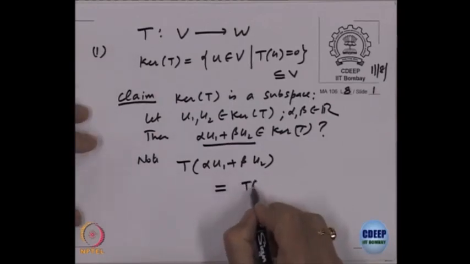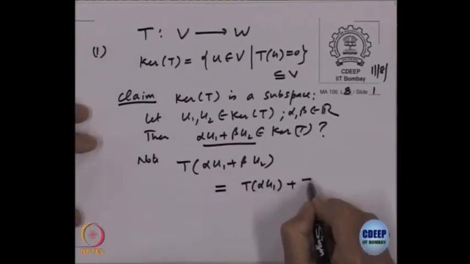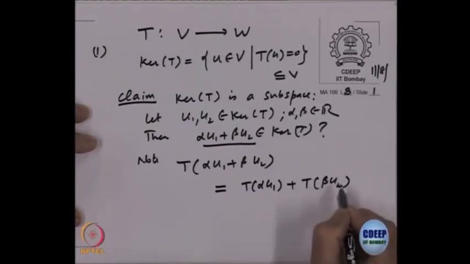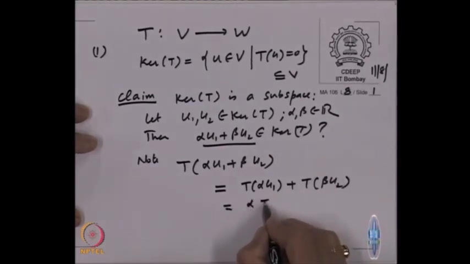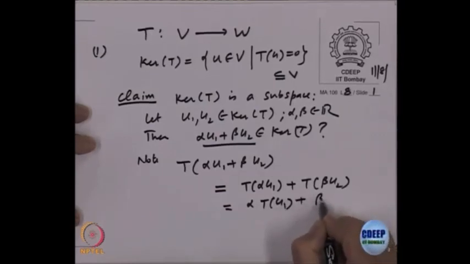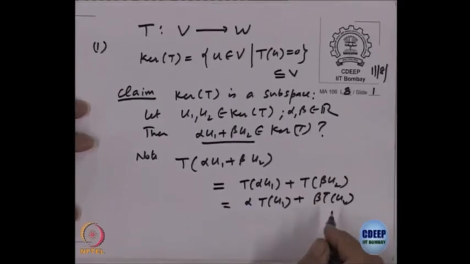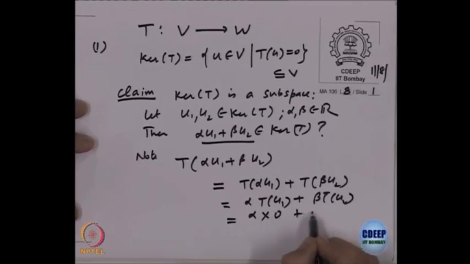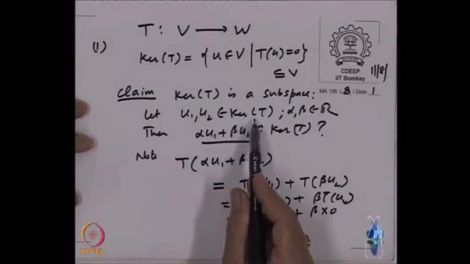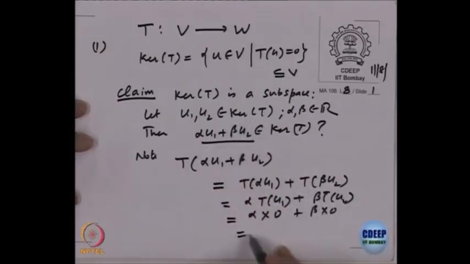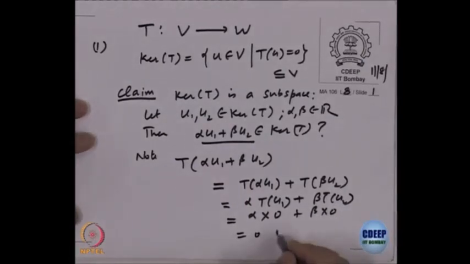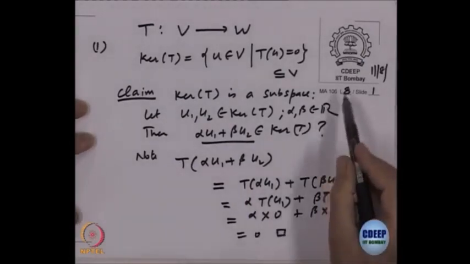It is T of alpha u1 plus T of beta u2, but again by linearity alpha comes out, it is alpha times T of u1 plus beta times T of u2, right. I am using linearity. So, this is equal to alpha times 0 plus beta times 0, because u1 belongs to the kernel, u2 belongs to the kernel. So, T u1 is 0, T u2 is 0. So, this is equal to 0, right. That proves that the kernel is a subspace.